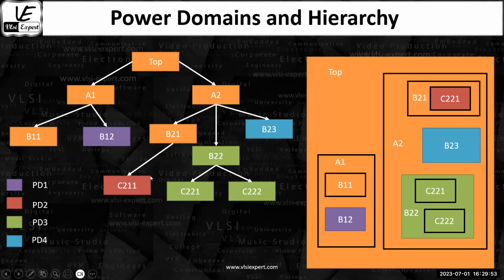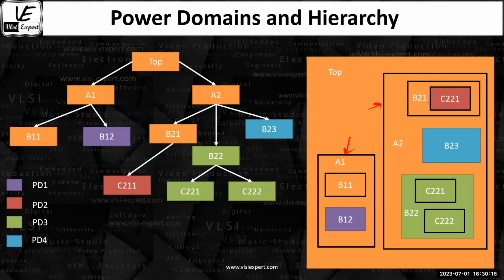The left-hand side is the logical view, which you can see in terms of the graph. But physically, it looks like this. The important thing is that at the top, A1 and A2 are 100% separate. A1 is here, A2 is here.